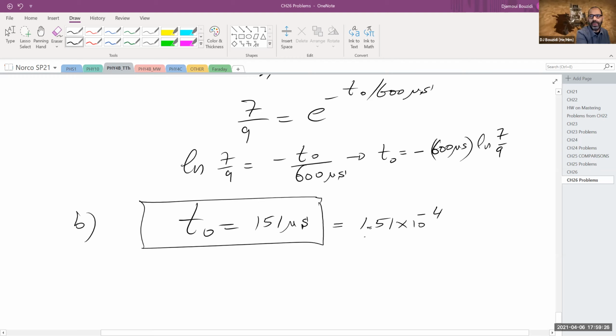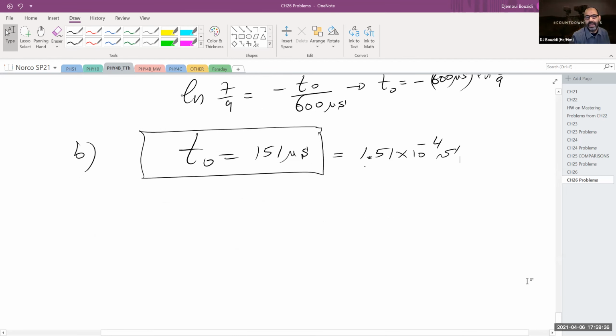I put the decimal point. Oh, okay. That's the scientific notation. 1.51. Right. So that's just another way of writing it. It's a very, very short time, basically. That's the point. In no time at all, the voltage went from 0 all the way to 8 volts in the capacitor. That's basically the moral of the story.